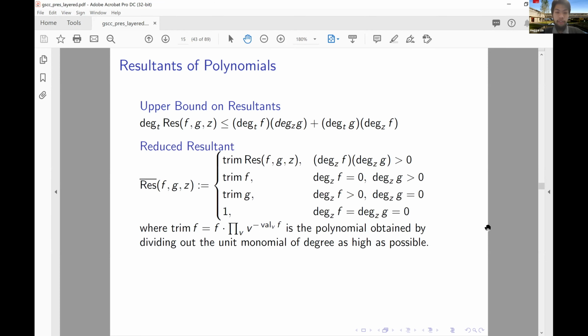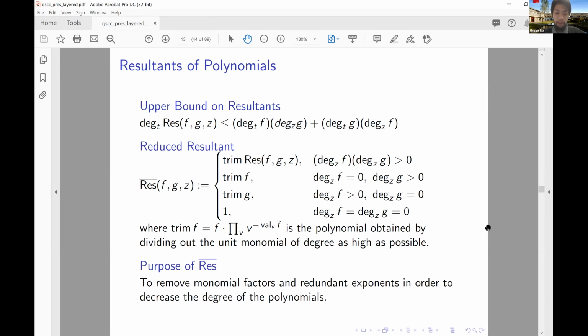We'll also define reduced resultants. The reason for that is that monomial factors that appear in computing resultants are not significant in general, so we remove them whenever we can. Also, if we have redundant exponents, we want to remove those because that's not really going to help us in any sense, because we want our degree upper bound to be as small as possible.